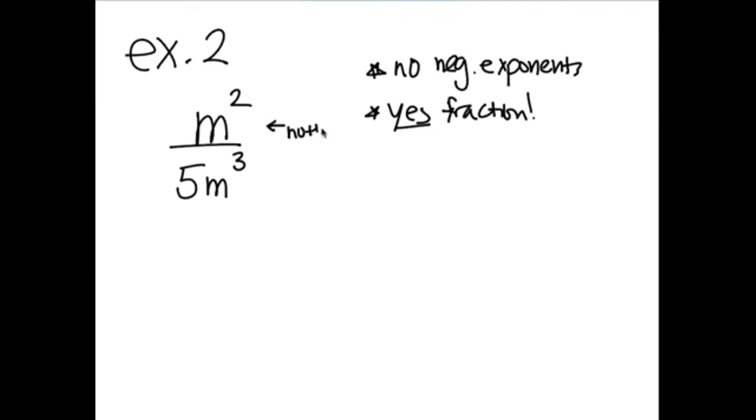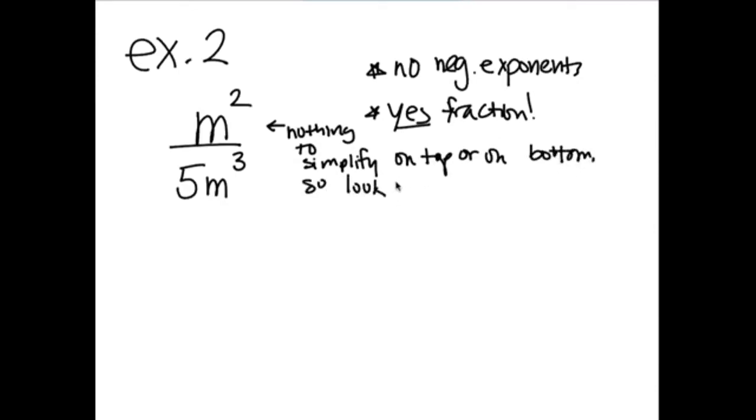And there's really nothing to simplify. And then we look to see if we can simplify the denominator. And there's nothing to simplify on the denominator. So now we're going to see if there are any properties that we can use. So we'll simplify using the quotient of powers.